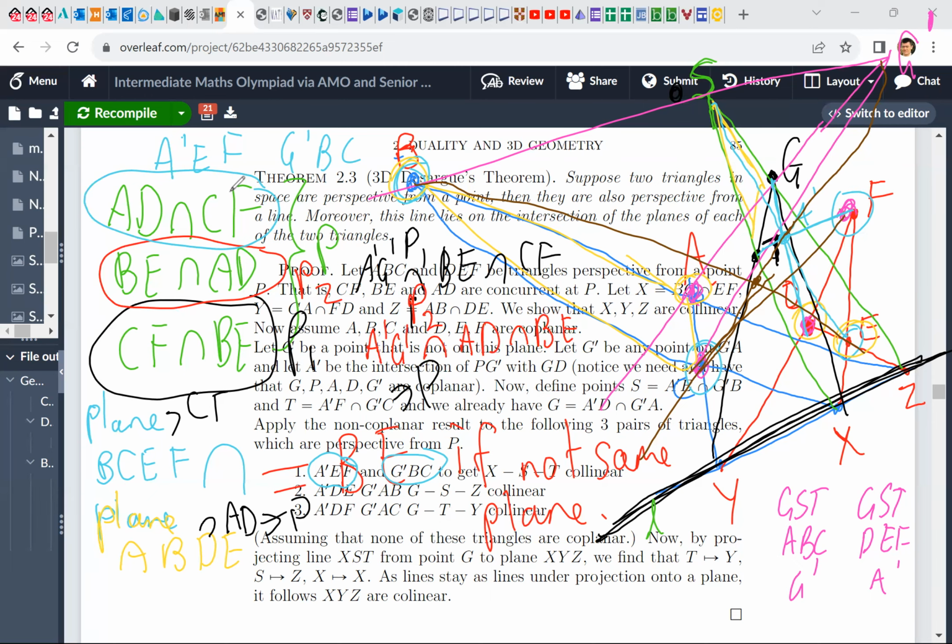The only thing that bothers me, and this is actually pretty good because we use everything, is its relationship to the forwards direction.